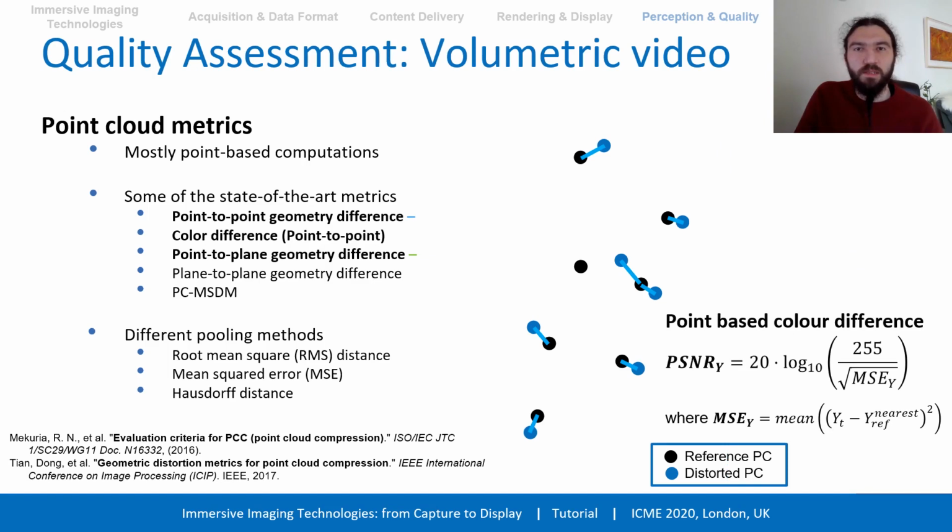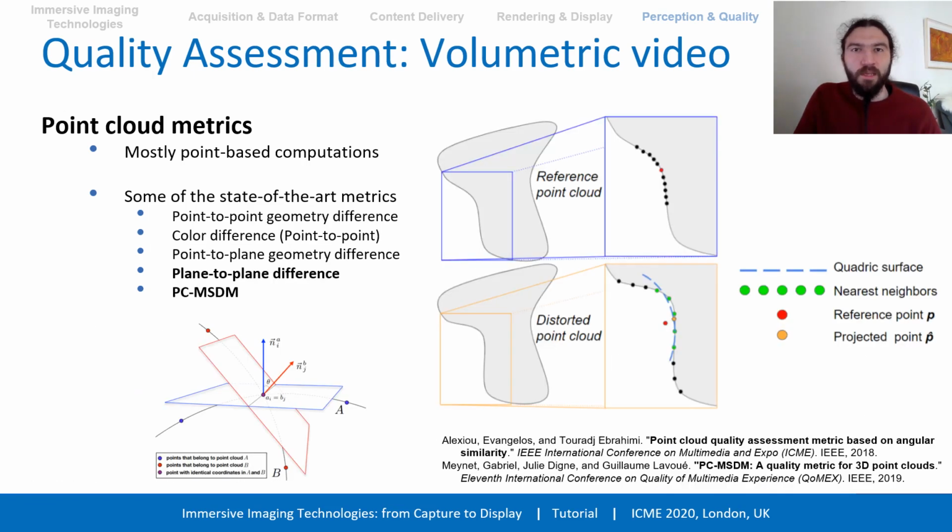The only color-based difference among these metrics also relies on point-to-point correspondence. The color difference between the corresponding reference and distorted points is found with these equations per color channel. The plane-to-plane difference is based on the angular similarity between the normal of two corresponding points.